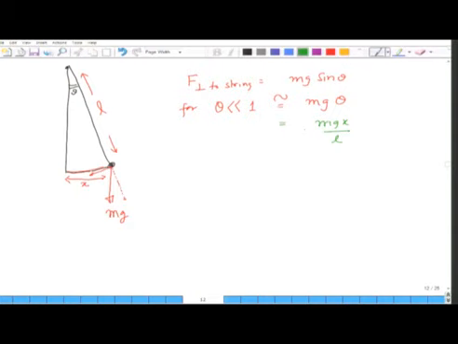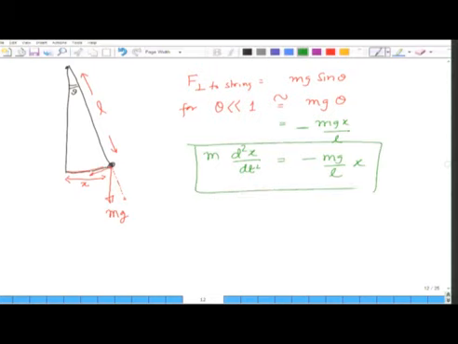And now I have to be careful and put a minus sign here, because the force is in the direction opposite to x, all right, and therefore, the equation of motion is m d2x over dt square equals minus mg over L x. This is the equation of motion.